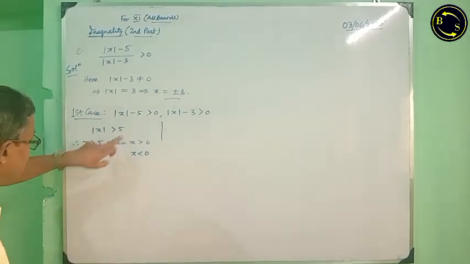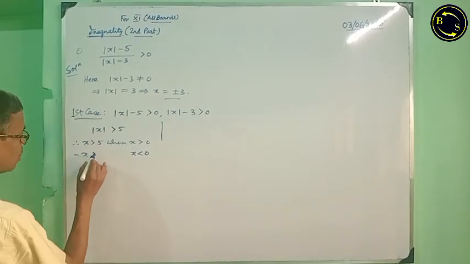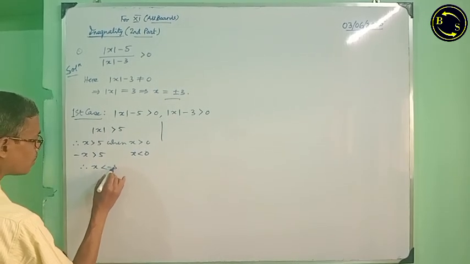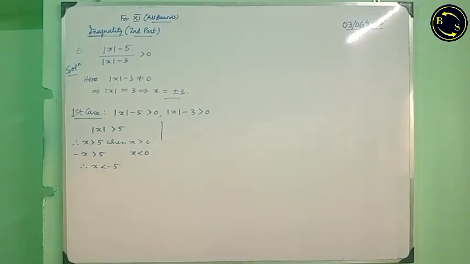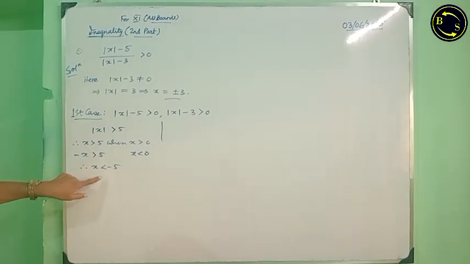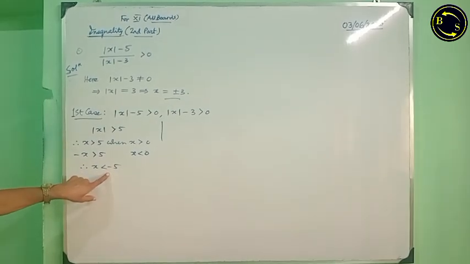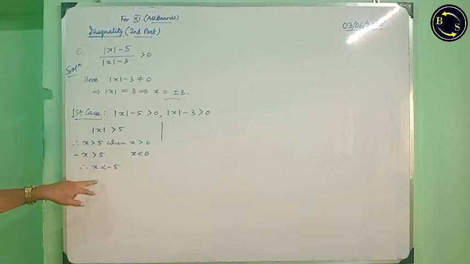Minus x greater than 5. Therefore, we get x greater than 5, also x less than minus 5, which is not possible simultaneously: x greater than 5 as well as x less than minus 5.